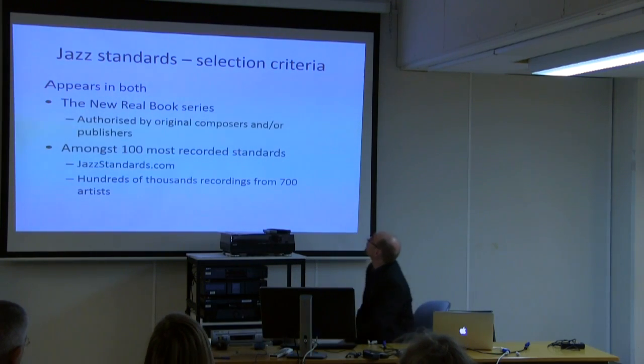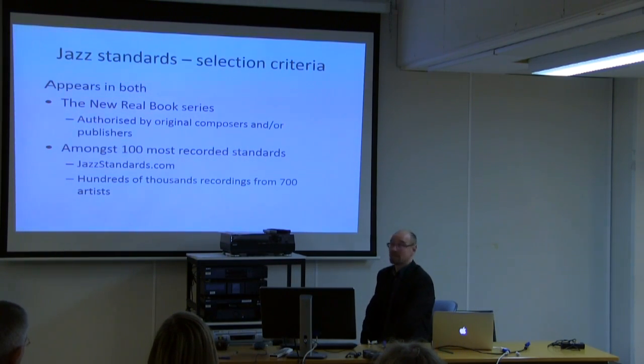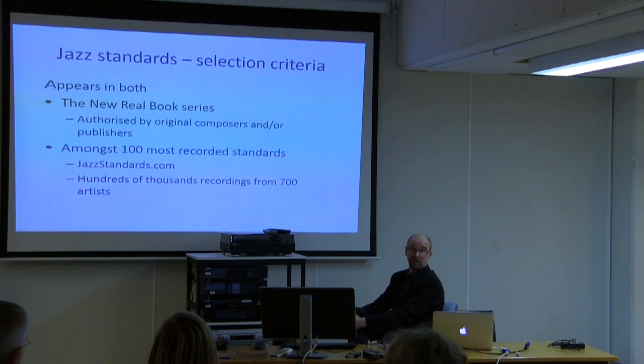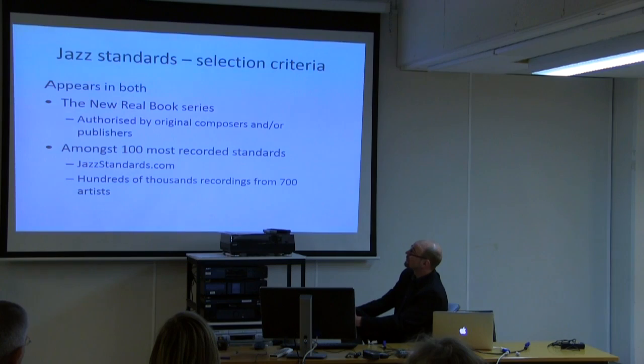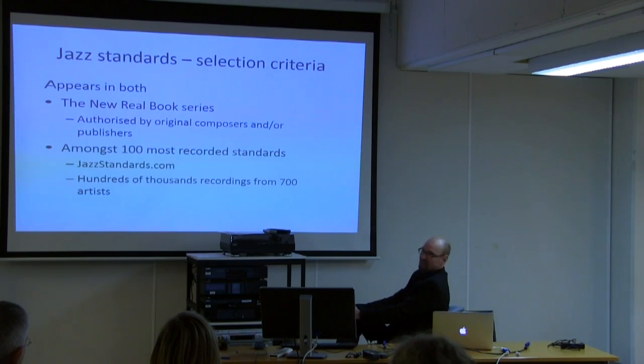Then, jazz standards, we use this kind of selection criteria because there's a massive amount of them, of course. I think both appear in the new real book series, which is authorized by original composers, and if they are dead, the original publishers.